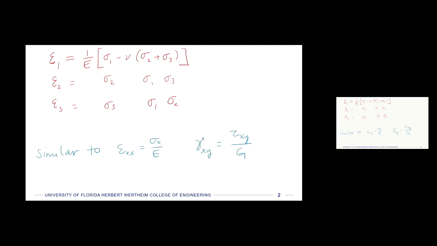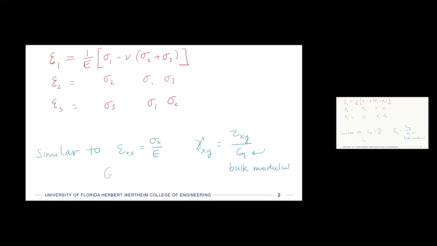The shear stress on the x face in the y direction is related to a shear strain that causes the cube to shear in the direction that the shear stresses are going. Those two are related by a coefficient G. With the analogy between the normal direction and the shear direction, the normal direction had the elastic modulus E, or Young's modulus, and in this direction we have the shear modulus G. It's related to the elastic modulus, but it is not equal to it.